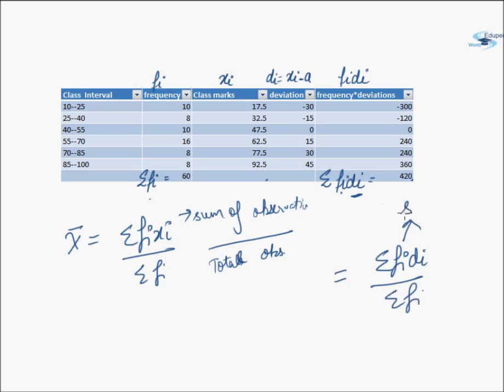it will be sum of deviations divided by total frequency. So if sum of observations divided by total observations or total frequency is mean of observations, then sum of deviations divided by total frequency will be mean deviation.